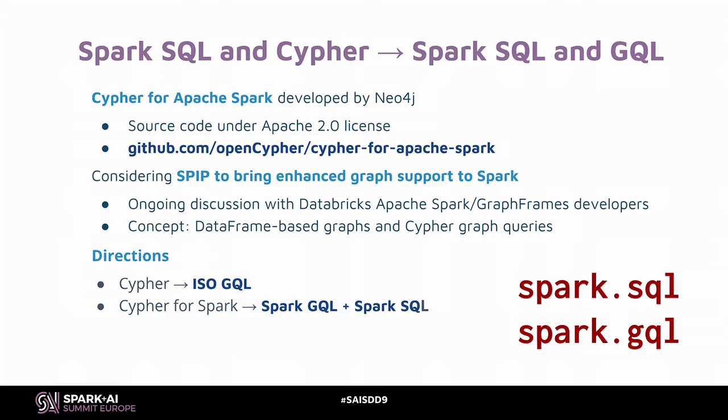And our overall direction here would also be that Cypher would become subsumed or transformed into ISO GQL as part of that standardization process, and that would lead to this conclusion that there could be both languages, Spark GQL and Spark SQL, and you'd be able to go back and forth between them. And that's also a picture, not just a Spark picture, but an interesting industry picture that seems to be emerging here. So that's the story on where things may go.